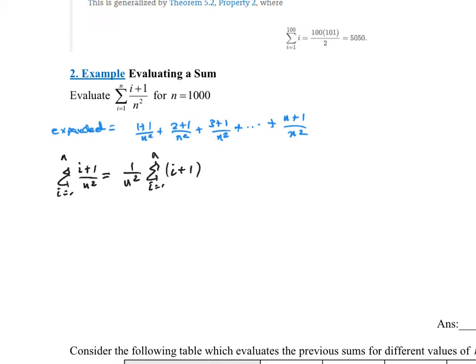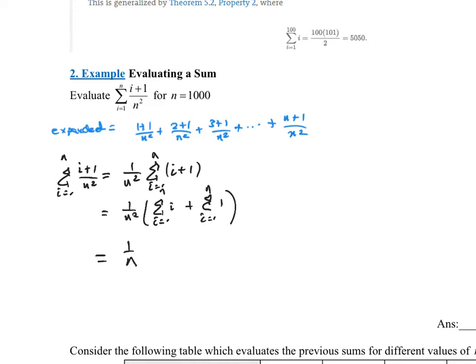Likewise with addition, same thing with the derivative rules, antiderivative rules, and limit rules, you can separate addition. So what this really is, is 1 over n squared times the sum of i equals 1 to n of i plus the sum of i equals 1 to n of 1. So what are we able to do now?